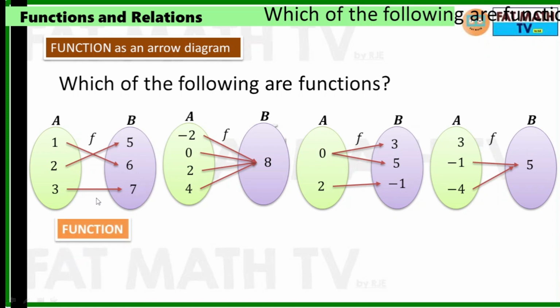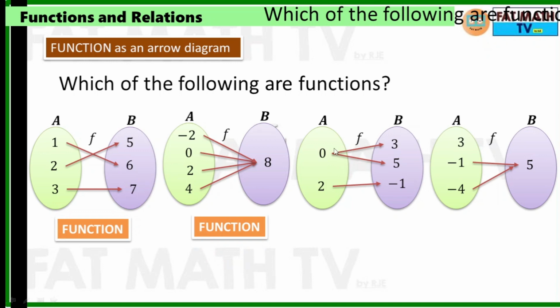Yes, because each element in the domain is paired to exactly one element from the second set. How about this one? Negative 2 is paired to 8, 0 is paired to 8, 2 is paired to 8, and 4 is paired to 8. Is this a function? Check if each element of the domain is paired to only one element in the range. Is it? Yes. So this is a function.